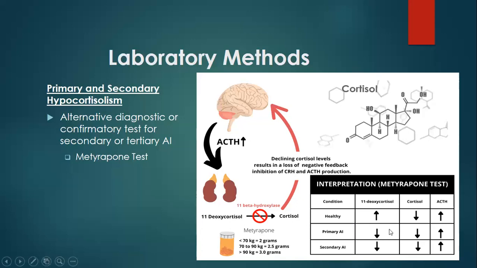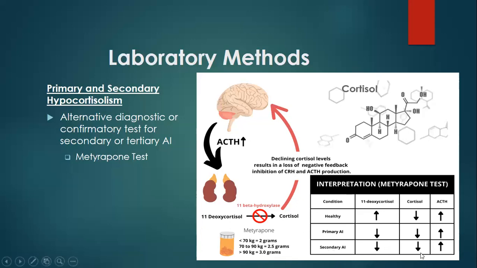In secondary AI, wherein the defect is in the organ which produces your ACTH, this is still characterized by a decreased 11-deoxycortisol and also a decrease in cortisol level.